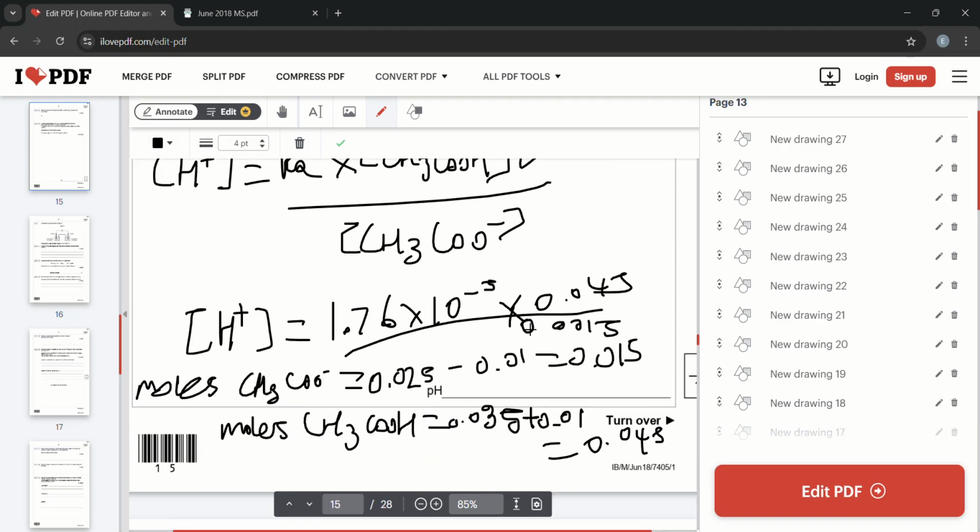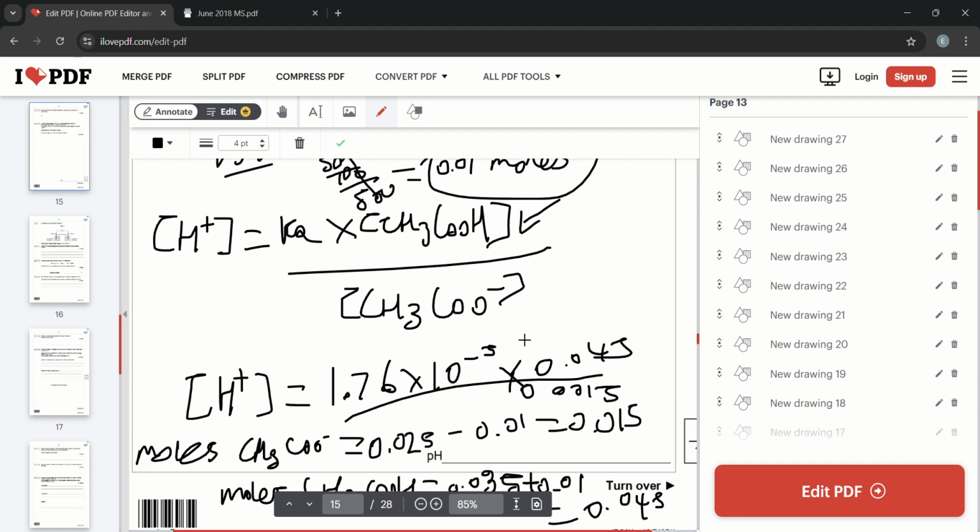So we're left with, we substitute this in, we get [H+] as 1.76 times 10 to the power minus 5 times 0.045 divided by 0.015, which is 5.28 times 10 to the power minus 5.